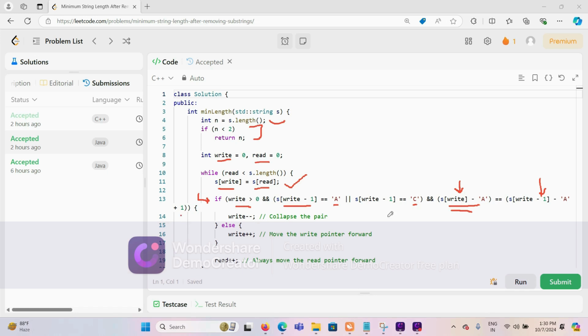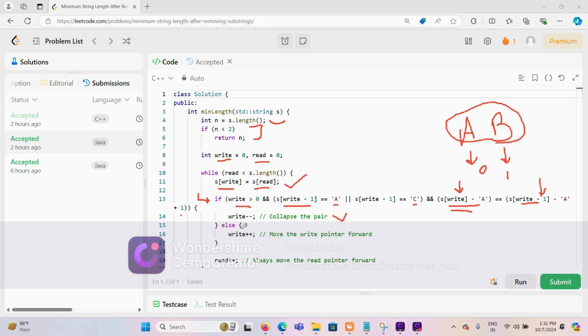For example, if we have AB, what is the index value? Index value of this guy would be 0, then index value of this guy should be 1, right? Then only it would be a valid combination. So if that is true, then we are decreasing write by 1 basically.